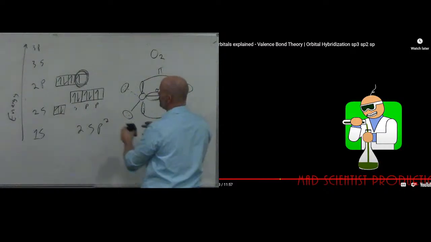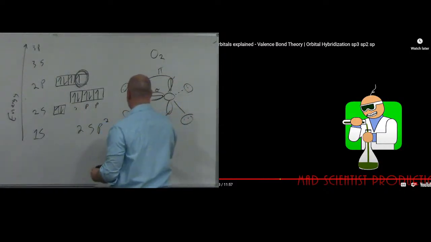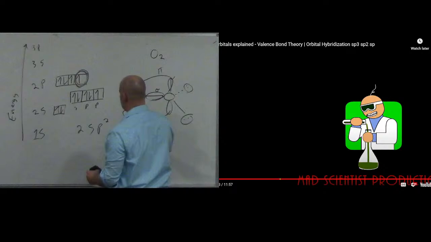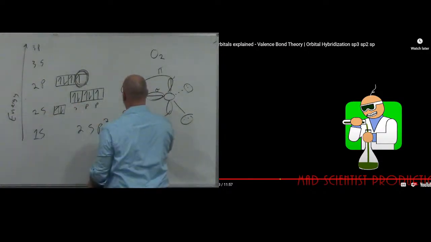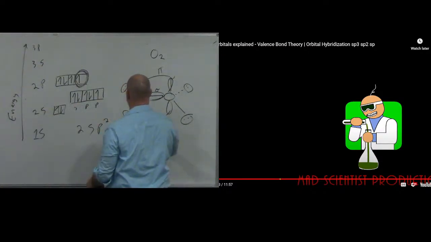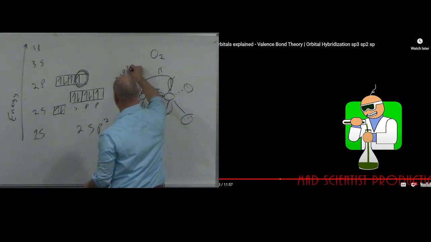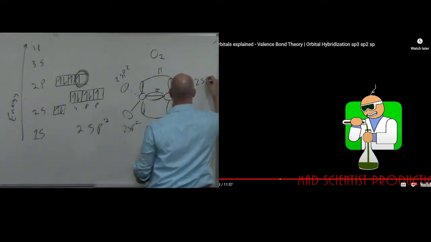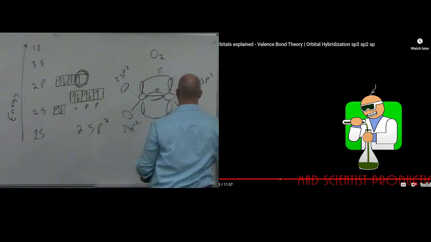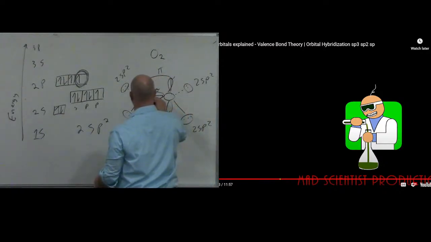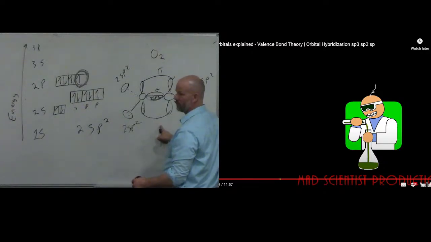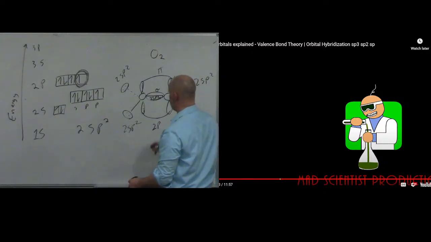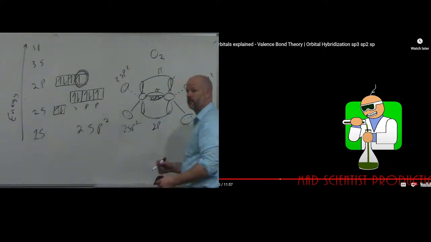So my hybridization here is this, what type of a hybridization is this one? What do I call it? 2sp2, right? Same thing here, 2sp2. This one is between a 2sp2, and this is just a good old 2p. That's it. Okay.